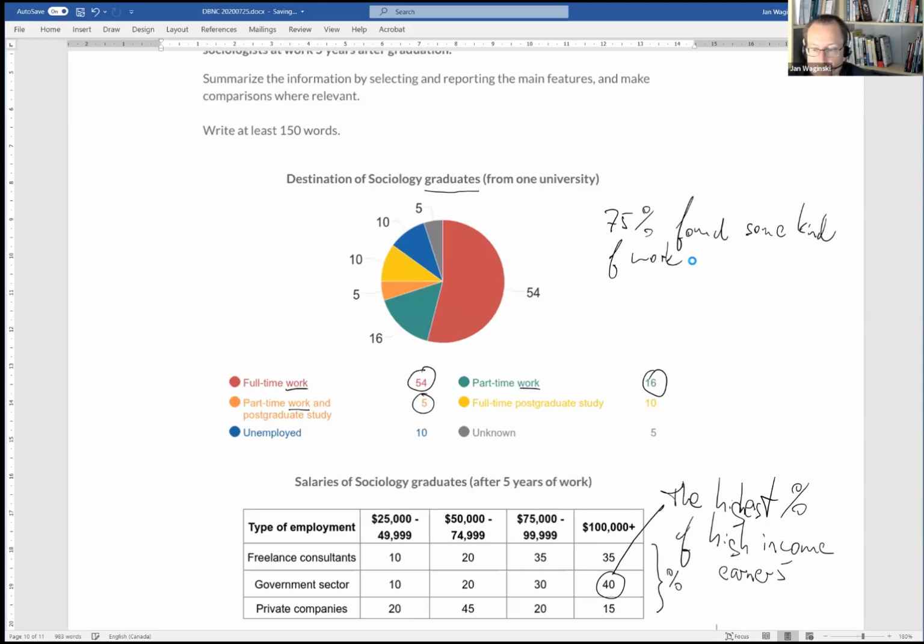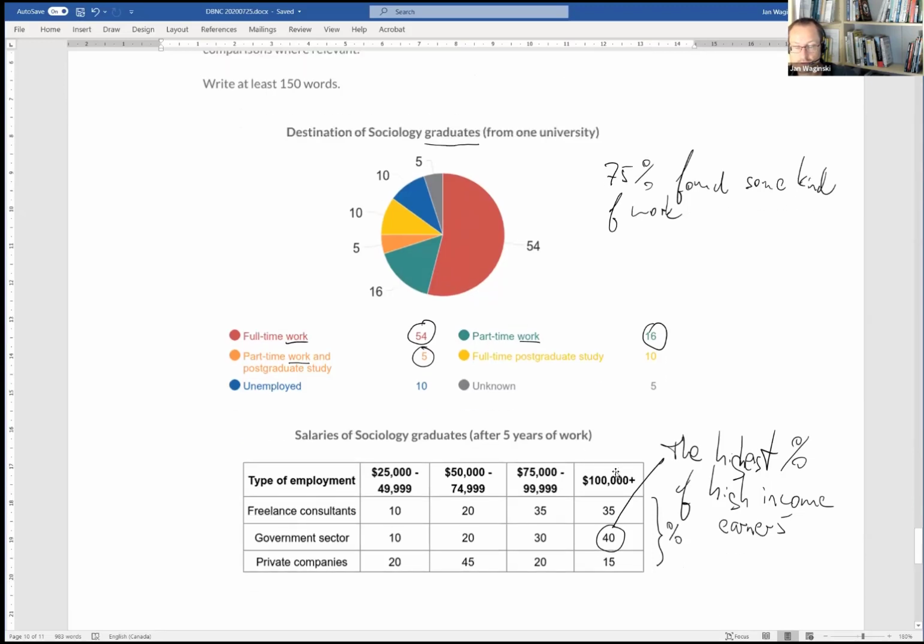Right, and what about the table? This is divided into 3 employment types: freelance, government, and private sector, and the salaries they are getting from them. Okay, and what would you say about these groups? What would be a very general truth that we can take from this? 40% of the people end up in government sector, having salaries of 100,000 plus.